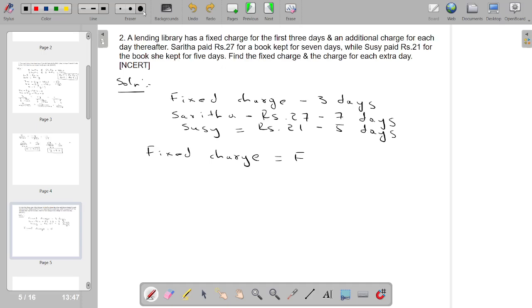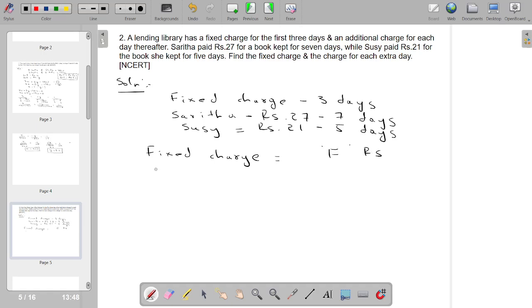F means it's a variable basically, because we don't know, that's why we're calling it F rupees. Since it's a constant, we can represent it in this way. This is the fixed charge for the first 3 days, F rupees.